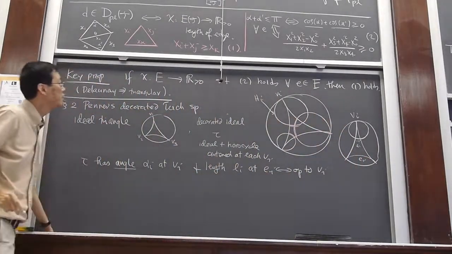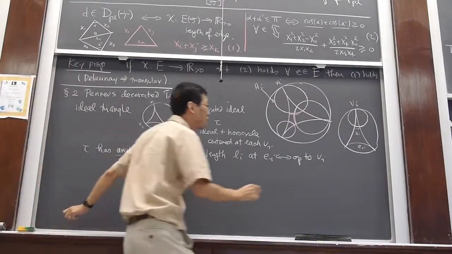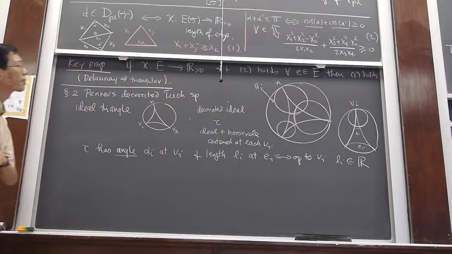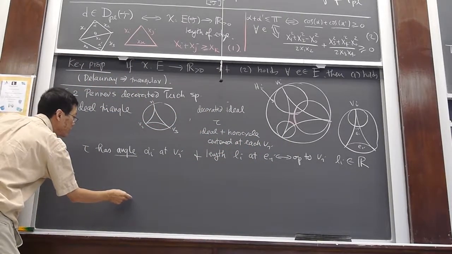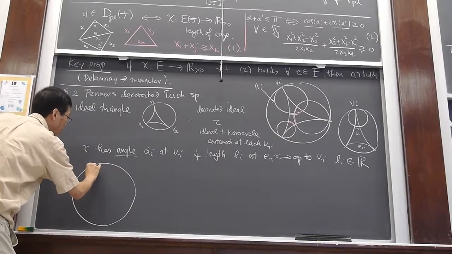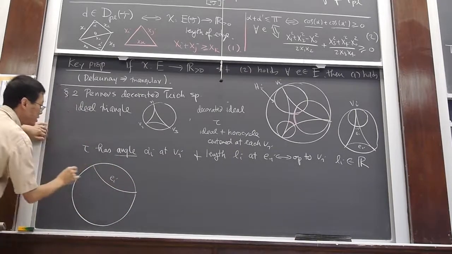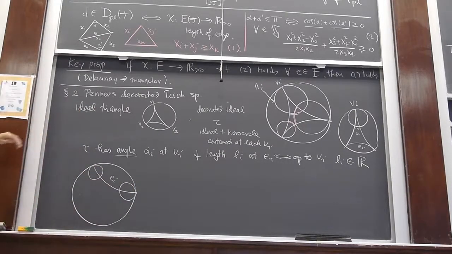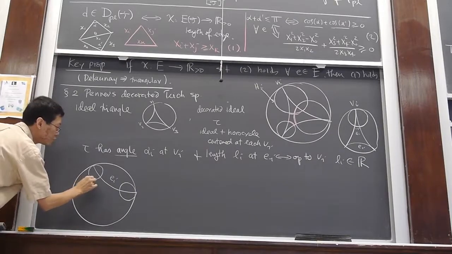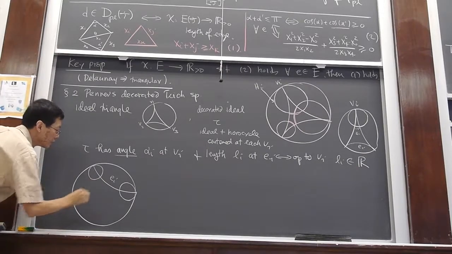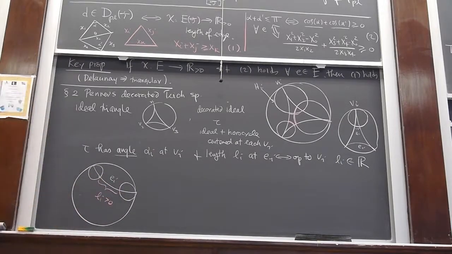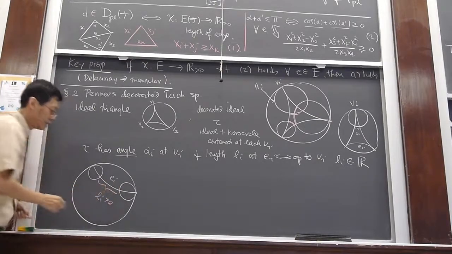So what is the length? The length is a real number. It may be a negative number. Here is the definition. You take a geodesic and you look at the two horocycles centered at its endpoints. If the two horocycles are disjoint, then that's the length l_i. It's the distance between the two intersection points of the horocycles with the edge.